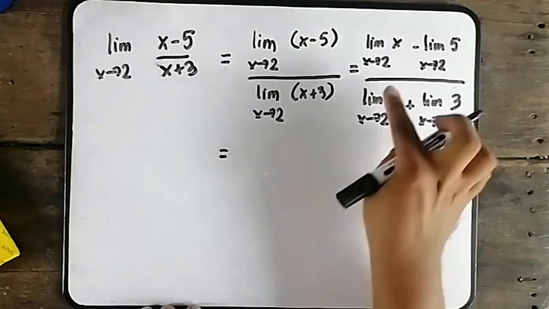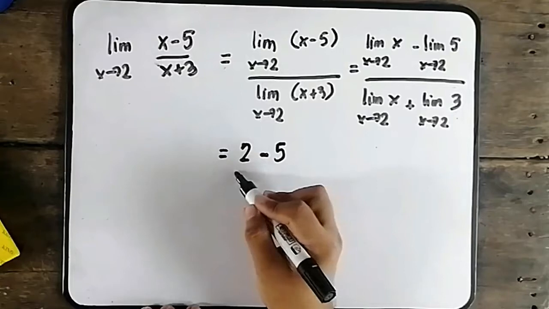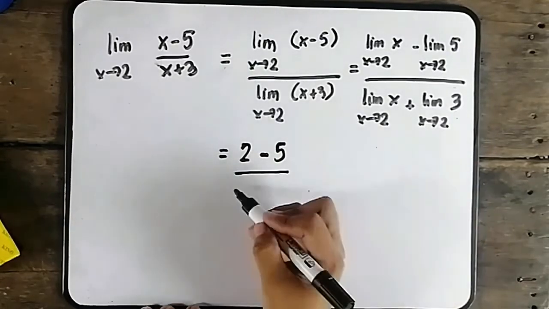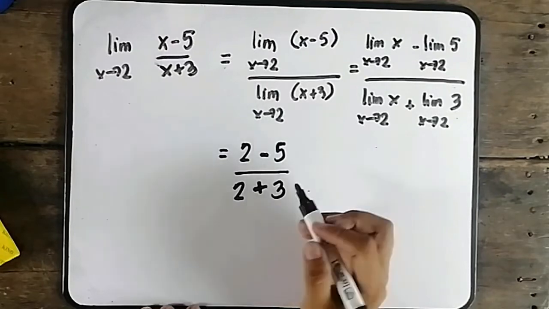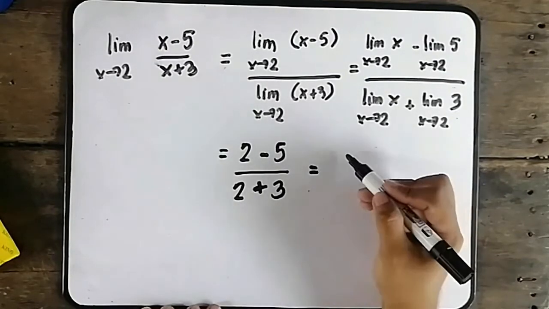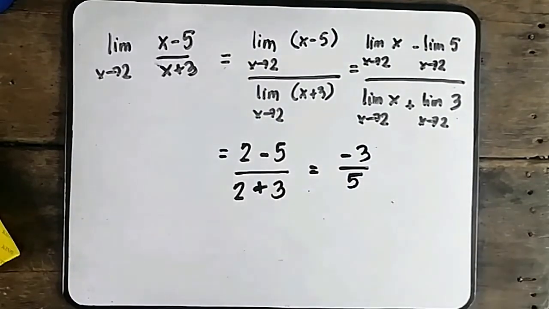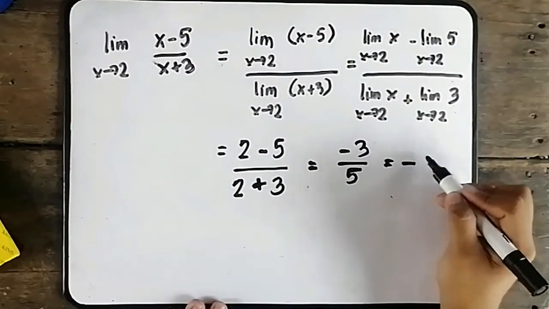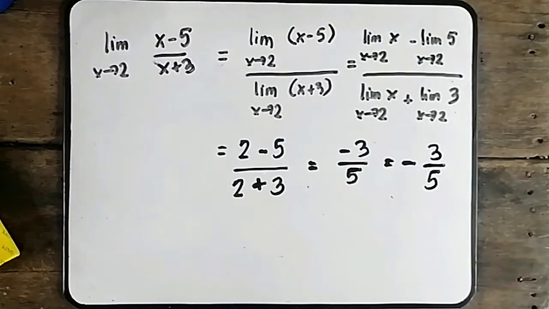So we now have the limit of this is 2 minus the limit of the constant is 5 over the limit of x is 2 plus the limit of the constant is 3. So we now have negative 3 over 5. Or we can write that as the negative of 3/5.